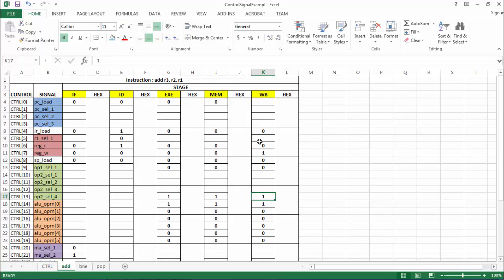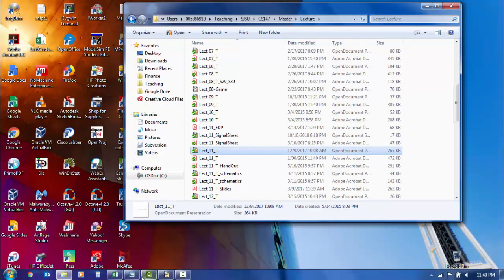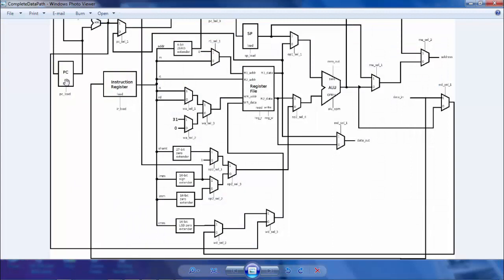And also during this stage, your program counter must be updated to point to the next instruction, right? The next instruction for this one is always the very next instruction, PC plus 1. So what we need to do is write back into the PC, and make sure PC plus 1 goes into the input of the program counter.